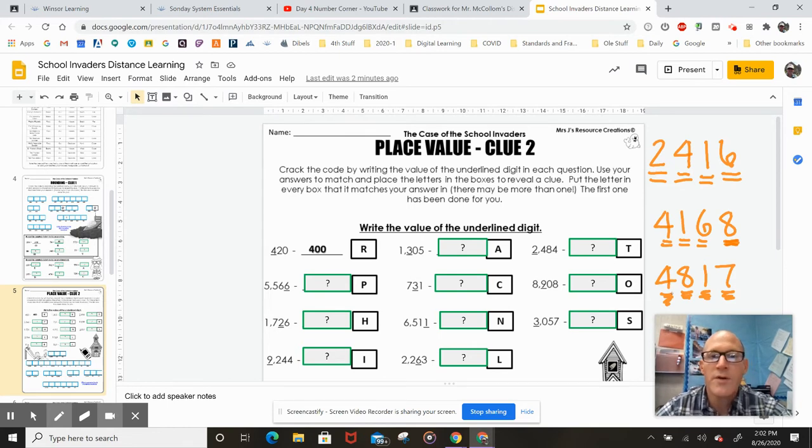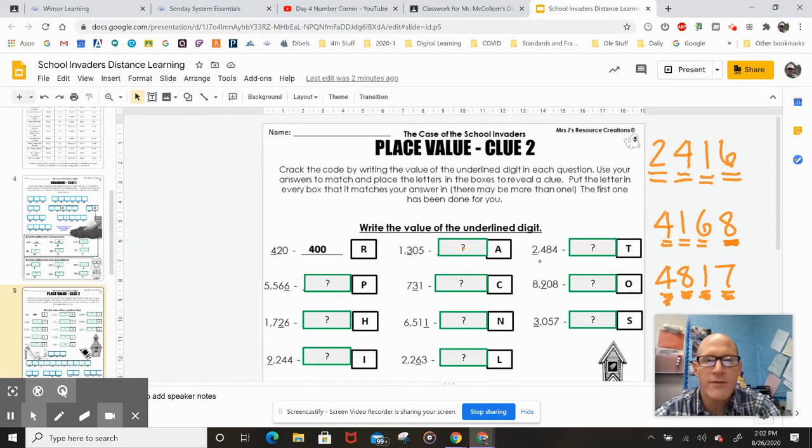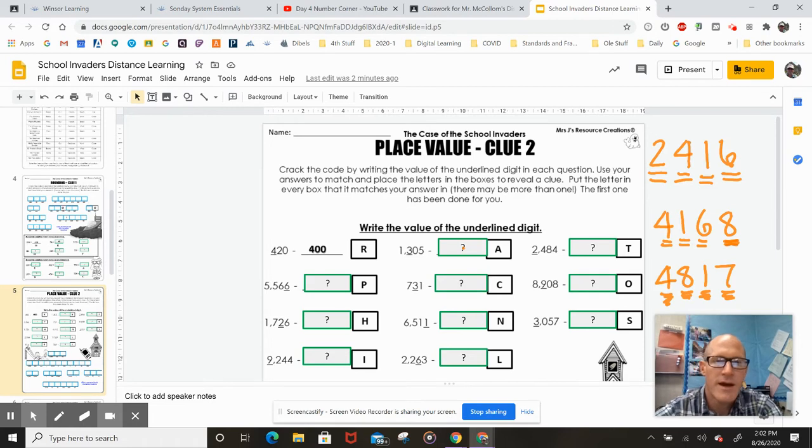Okay, so if we were to look at this place value, take a look. Write the value of the underlined digit. Okay, so we're looking at the 3. The value of that is, actually, we have 5 ones, no tens, and 3 hundreds.